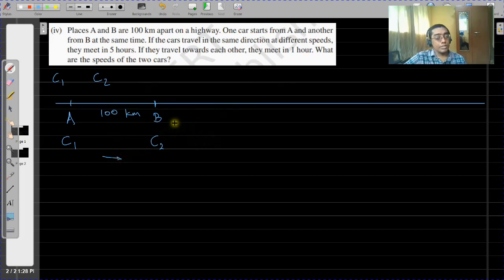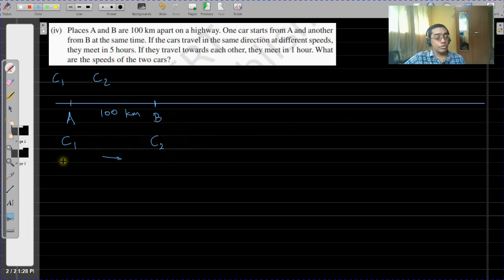So I am assuming that car 1 travels faster than car 2. Car 2 has a lower speed and car 1 has a higher speed.